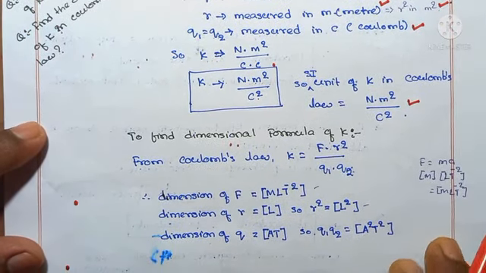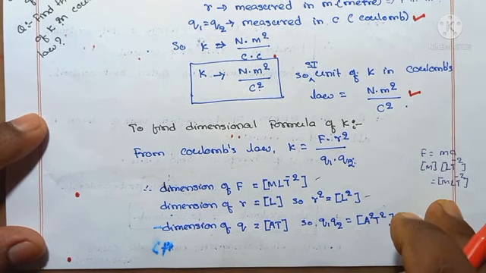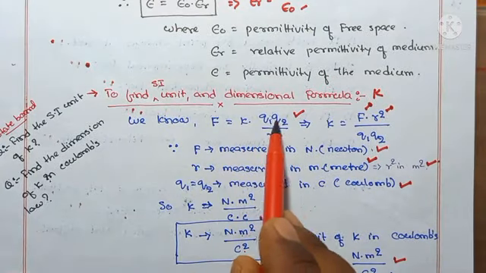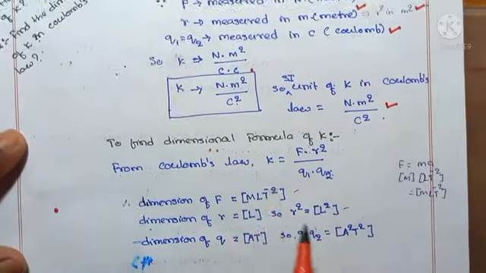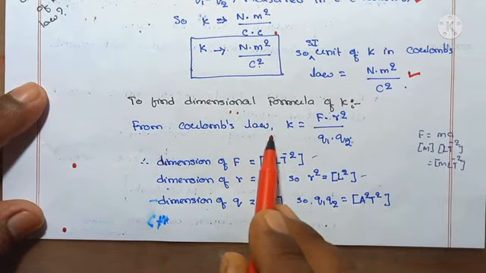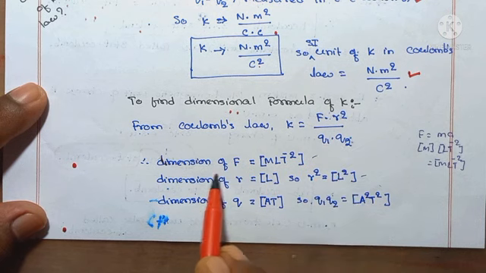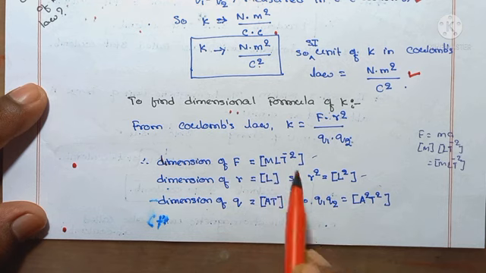Now we will find the dimensional formula of K. From Coulomb's law, F is equal to K times Q1 Q2 by R square, we get K is equal to F R square by Q1 Q2. The dimension of F is M L T inverse 2.